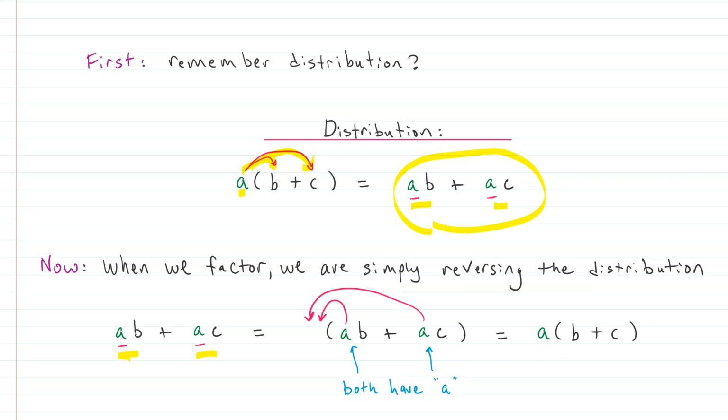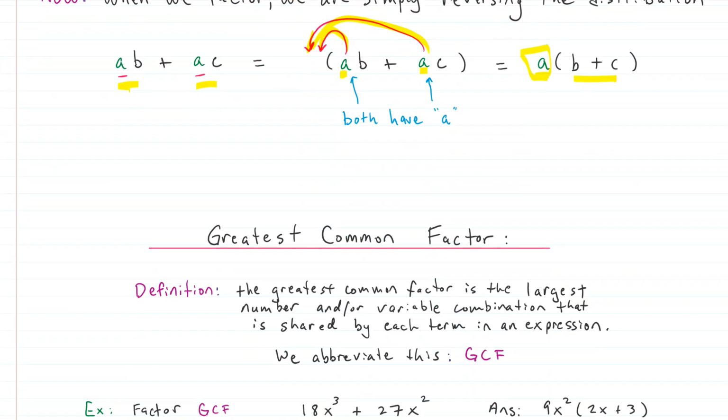So I could probably reverse that distribution process and go backwards and pull that A out to the front. So that's what we do. We've got an A with the B, we've got an A with the C, and we just pull both of them back out. And there we go. We have the A sitting out front, and then we have in parentheses B plus C. That's all factoring is. It's just the reversal of the distribution process.